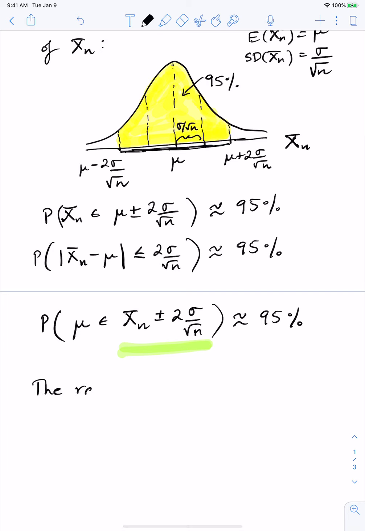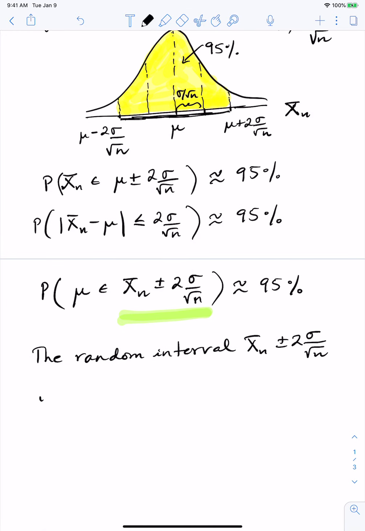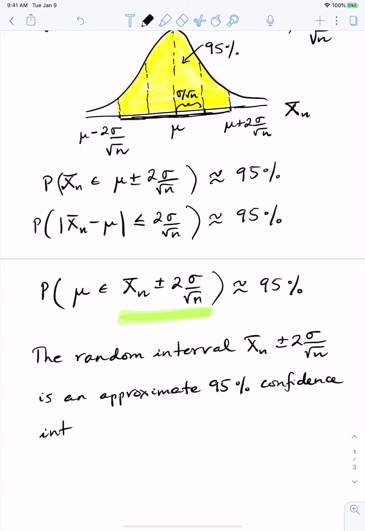And that random interval is called a confidence interval. So it's called an approximate 95% confidence interval for the population mean.